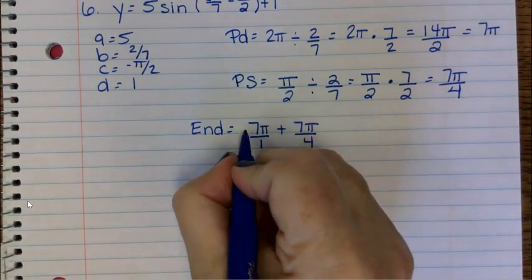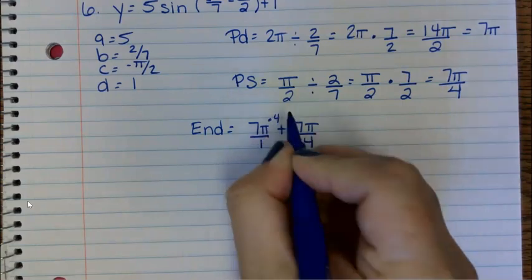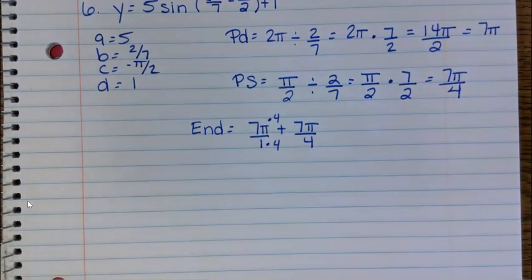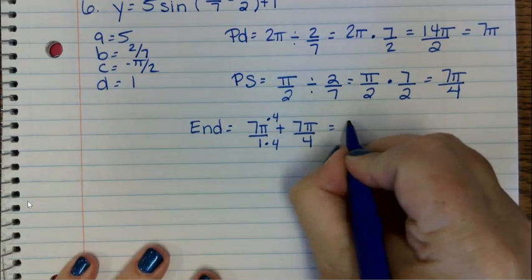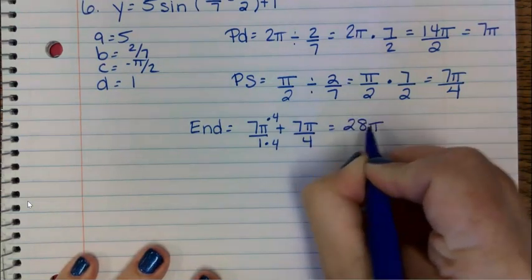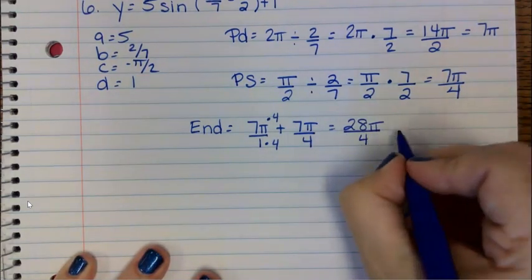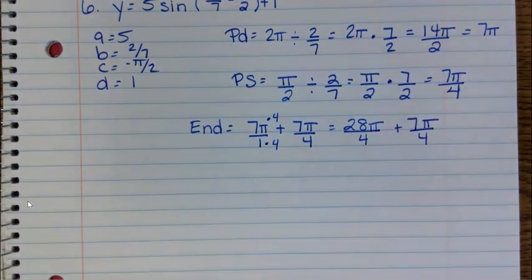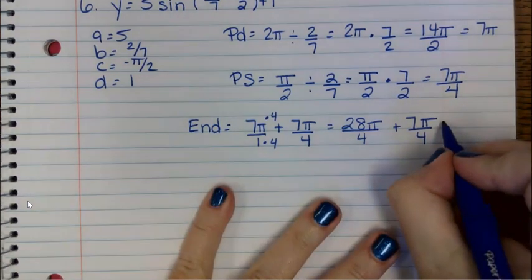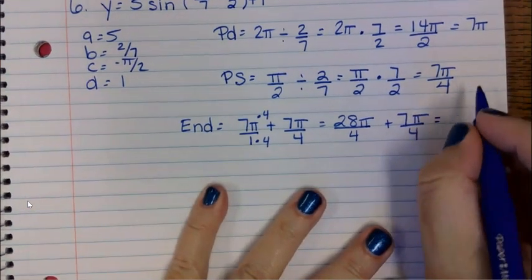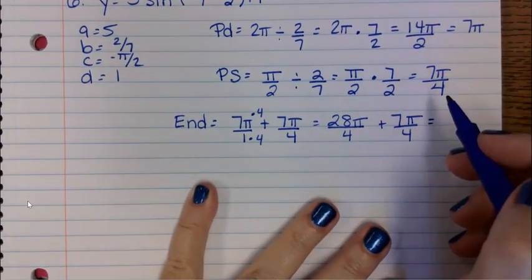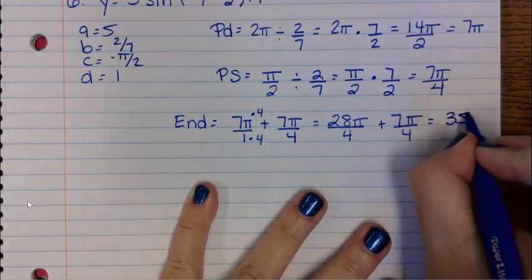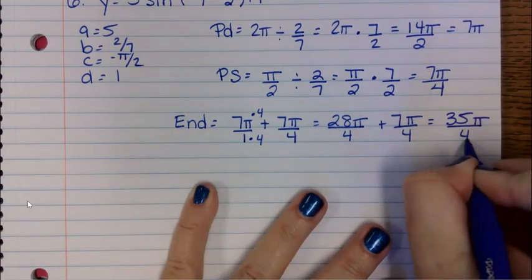So what I'm going to do is multiply the top and the bottom of my first fraction by 4. And I'm going to get 28 pi over 4 plus 7 pi over 4. 35? Yes, 35 pi over 4.